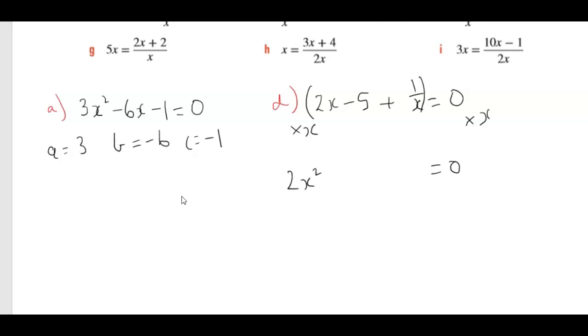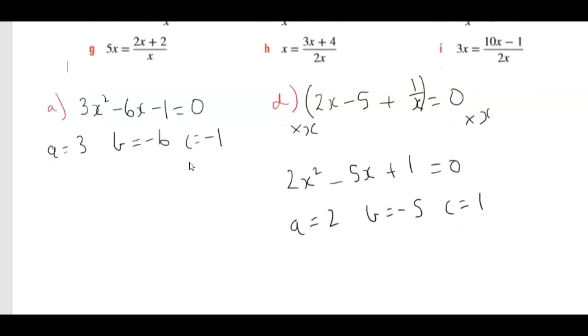Negative 5 times x is negative 5x. And then x times 1 over x is 1. Okay, and then you can identify your A, which is 2, your B, negative 5, and C is 1. All right, let's do another one. So I'm going to let you just go on and do the quadratic formula.